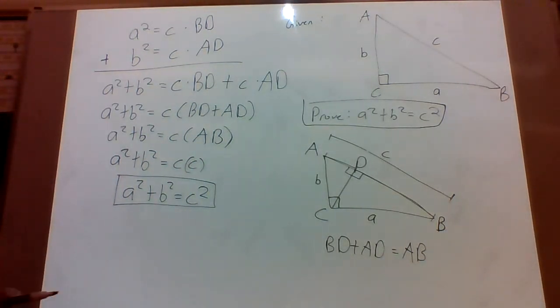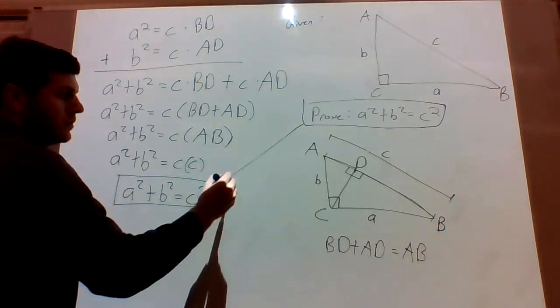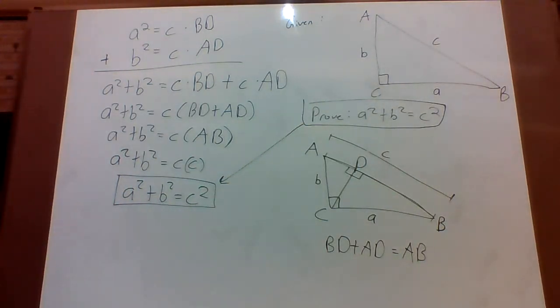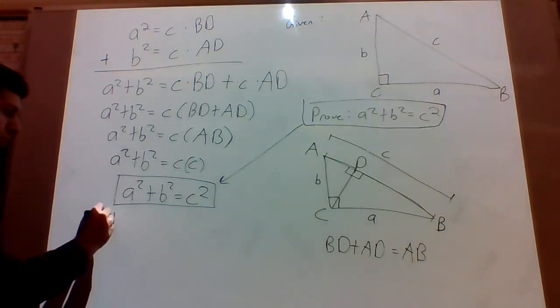That's what we're trying to prove. So we've shown without a doubt using similar triangles that a squared plus b squared equals c squared. There's a whole website, and I told you guys there's over 100 different ways to prove the Pythagorean theorem. But thus we've proven the Pythagorean theorem.